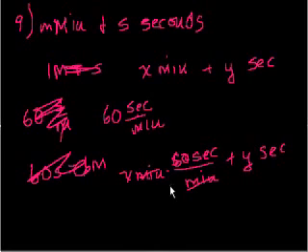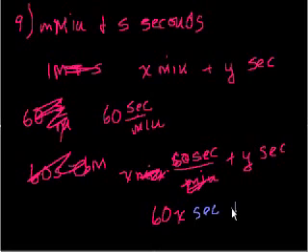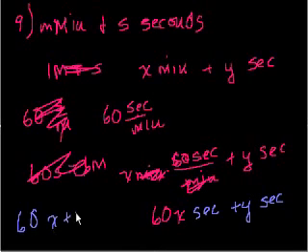This is something you'll learn in physics class: you can treat units just like variables, and they'll cancel out similarly. So you'd get 60x, right? The minutes have canceled out. You'll get 60 times x seconds plus y seconds. So your total number of seconds is 60x plus y.